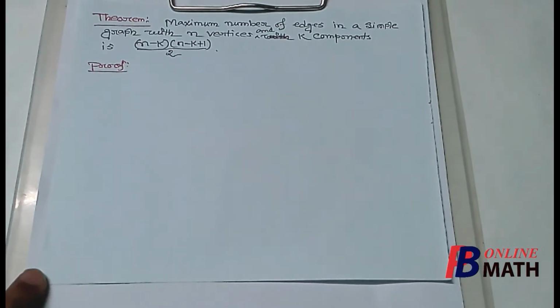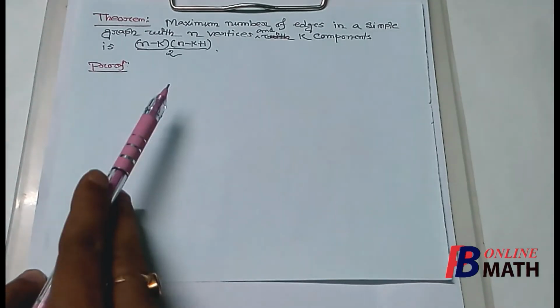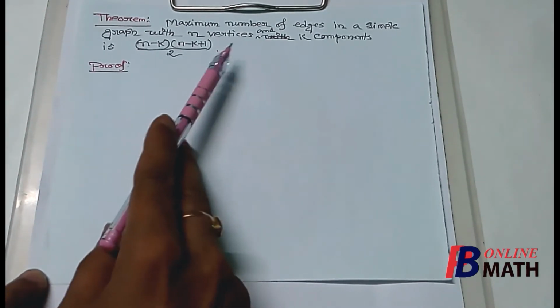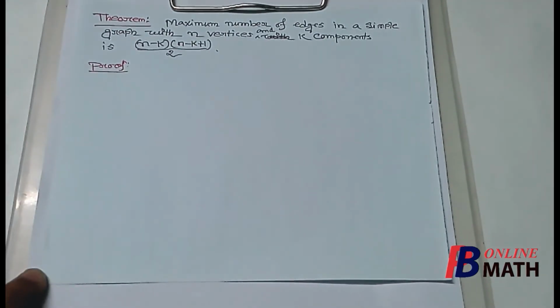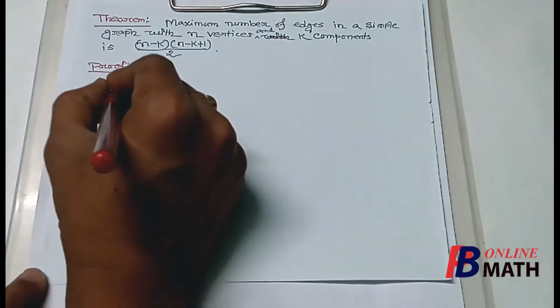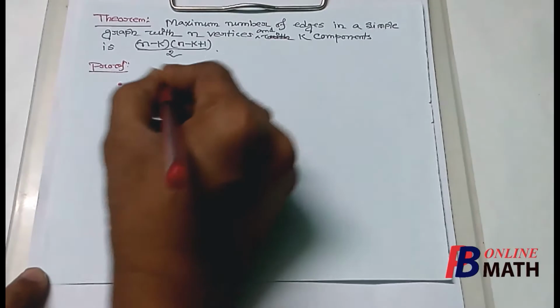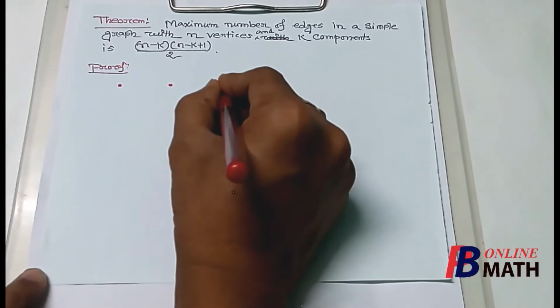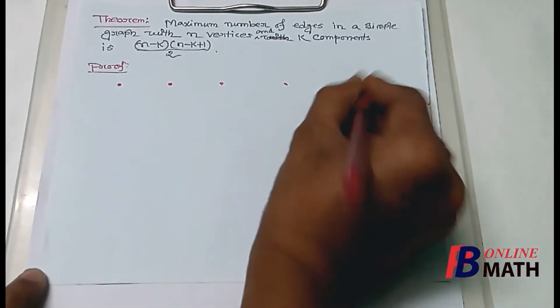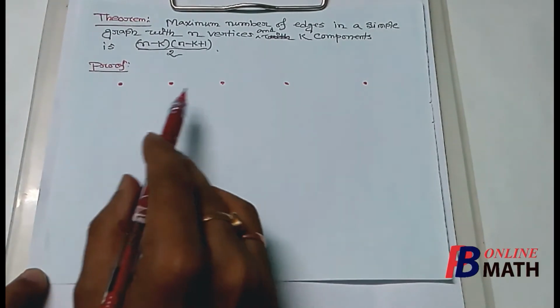We shall prove this theorem by contradiction. So let us start the proof. Now it is given that the graph has n vertices and k components. Since the graph has k components, each component must have at least one vertex. So we suppose that these are the k components which contain at least one vertex.